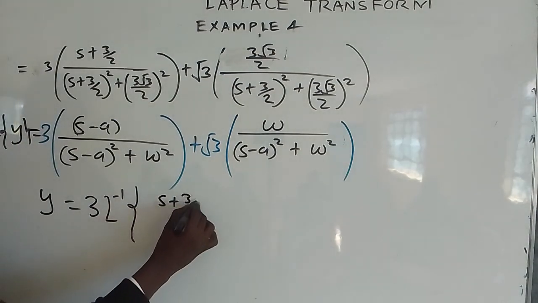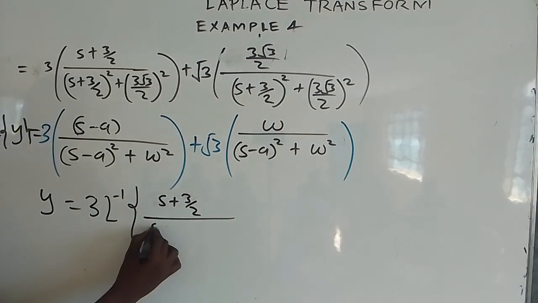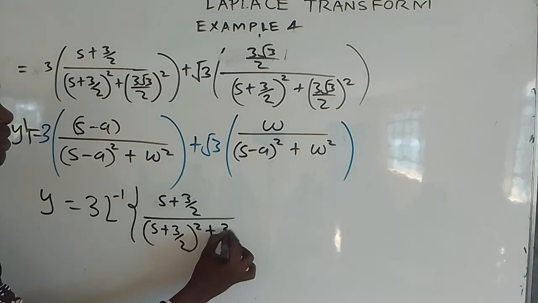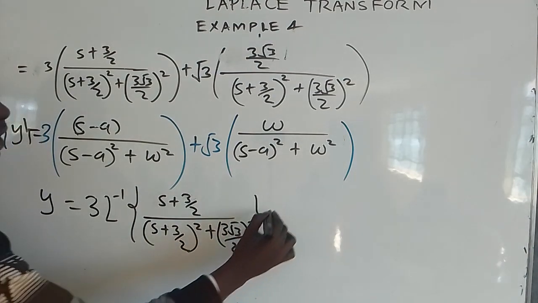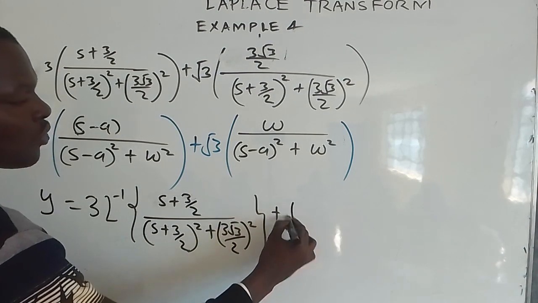S plus 3 over 2 over S plus 3 over 2 squared plus 3 root 3 over 2 squared, isn't it? Then it is plus root 3, which is a constant.